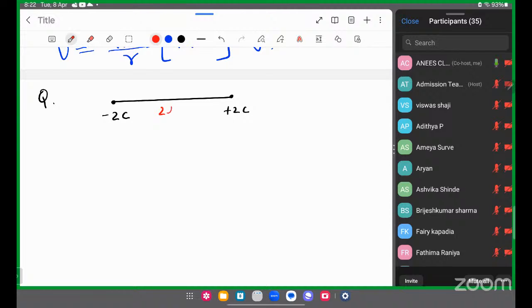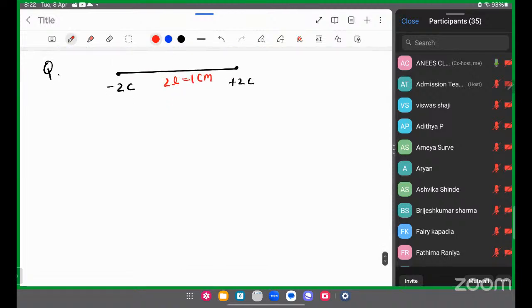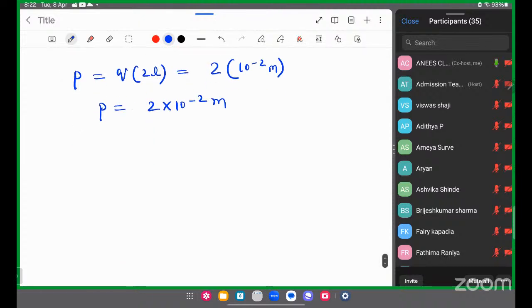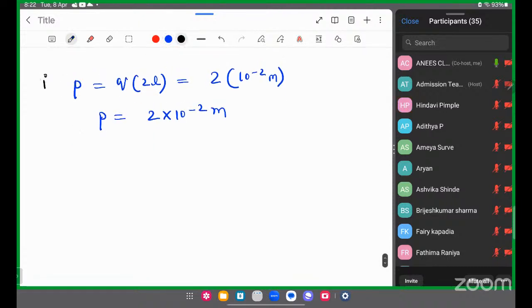What will be the dipole moment P? Dipole moment P is Q into the distance between them. So Q is 2 and the separation is 1 centimeter, which is 10 raised to power minus 2 meter. So the value of P will be 2 into 10 raised to power minus 2 meter. Right? This is the first part of the question.